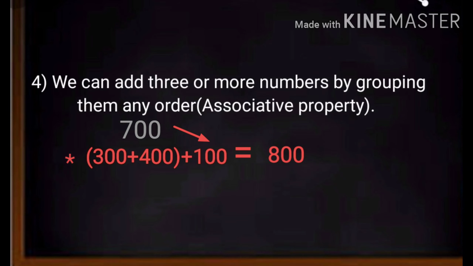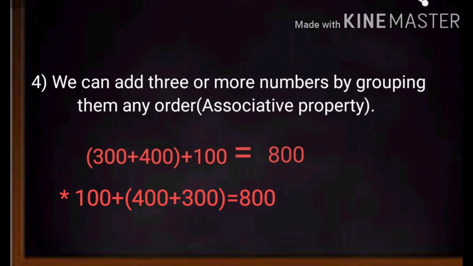We get 800. The second way is that first we group as given. Then we add 100 to the sum of 400 plus 300. We get 100 plus 700 is equal to 800.